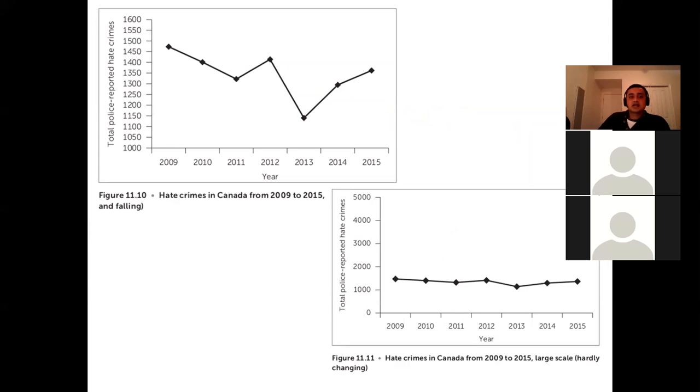Again, different kinds of graphs, and the whole point of this example that your textbook makes is to pay attention to the scale. So what they have is the same graph. If you can believe it, these two are the exact same graph. Why do you think they look so different?